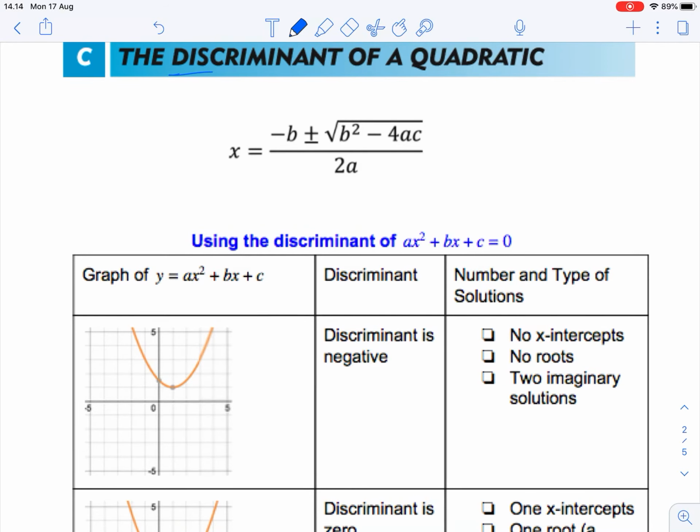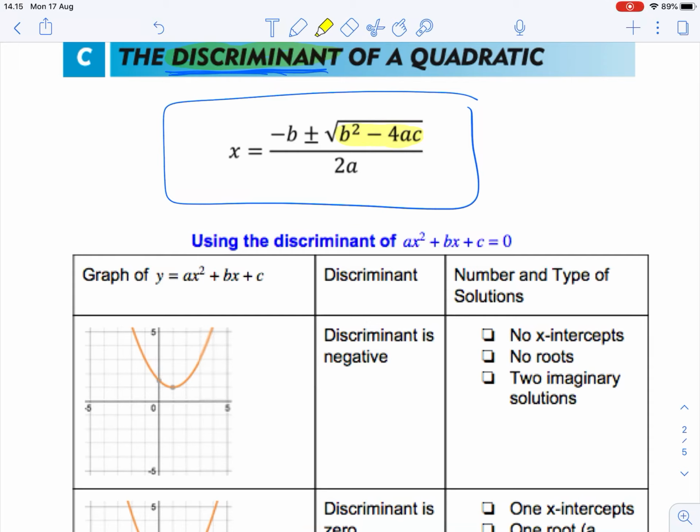Next, we're going to be looking at the discriminant of a quadratic. That's a big mathematical word, and all it simply means is, if we have the quadratic formula, which we have right here, the discriminant of the quadratic formula is this right here, b squared minus 4ac.